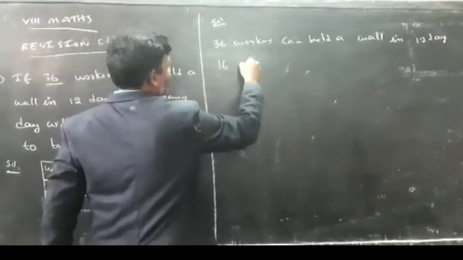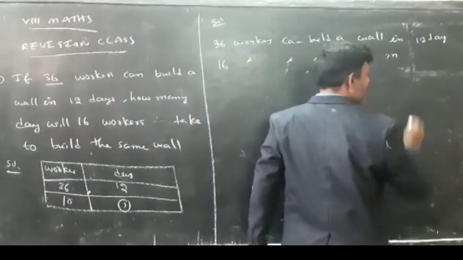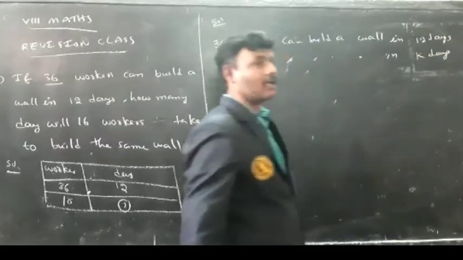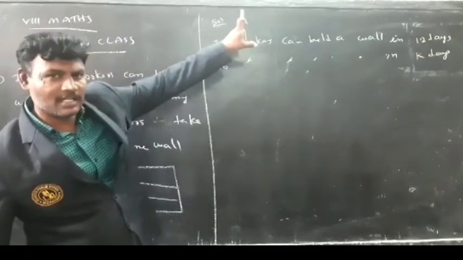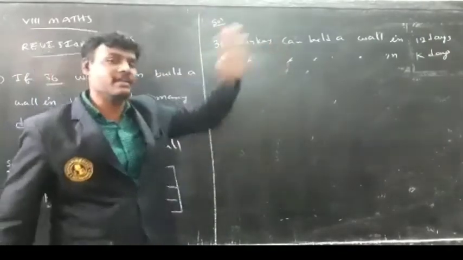Then 16 workers can build a wall in, here the number of days is not given, so I am taking that as k days.